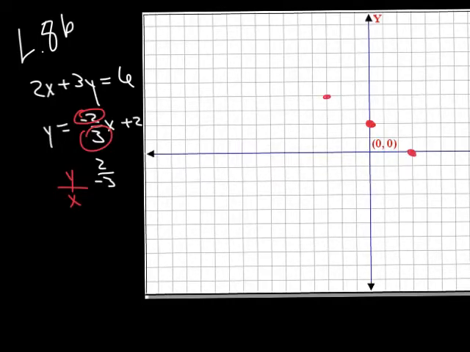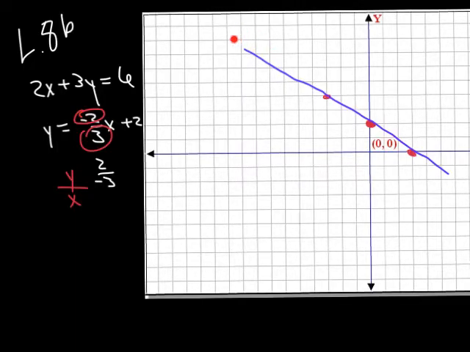And we really don't care that it does that, because all we care about is, can I draw a straight line and do all of these points go through that straight line? And the answer is yes.